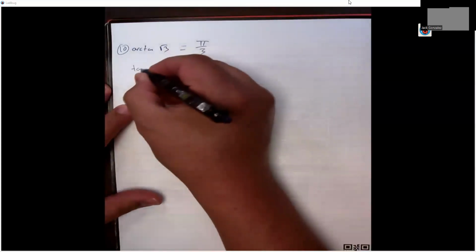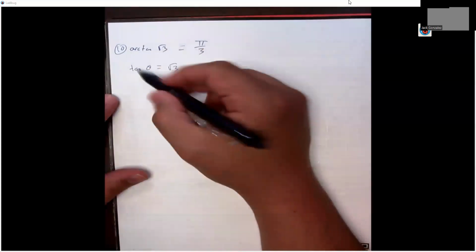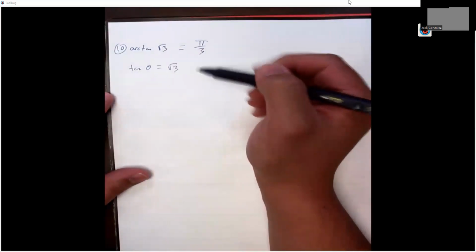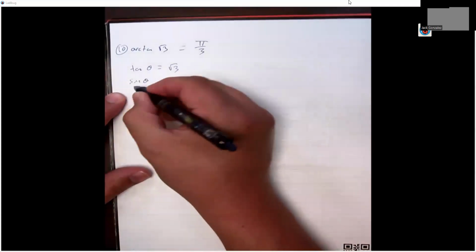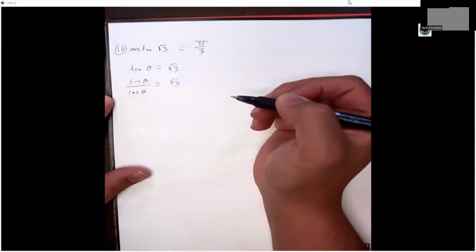Do you have any questions on number 10, like why it's pi over 3? You see that we're looking at that circle, right? Yeah, how did you get part 10? I've been trying to figure out how to do that part. So basically, this is asking, what is the angle that gives me square root of 3? So what you're going to look at is what sine over cosine angle would give me square root of 3.